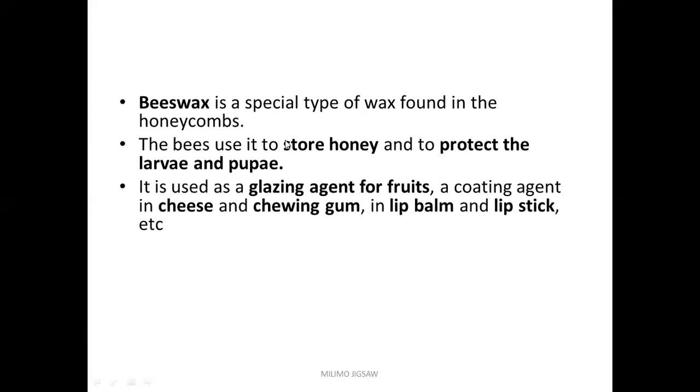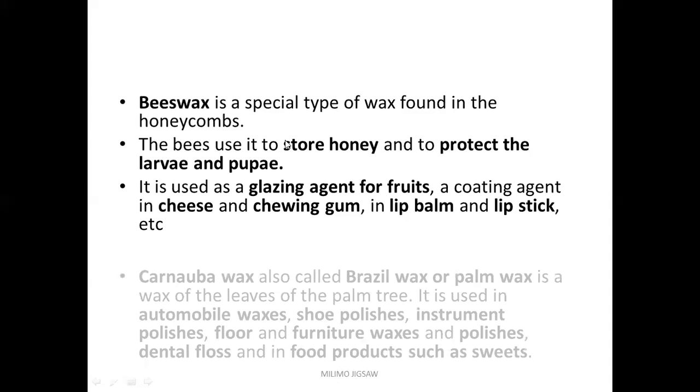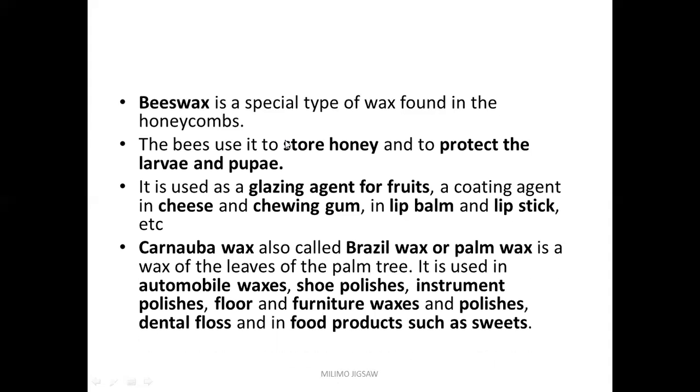It is also used as a glazing agent for fruits, as a coating agent in cheese and chewing gum, and in lip balm and lipstick. So it's a very important lipid in the cosmetic industry.